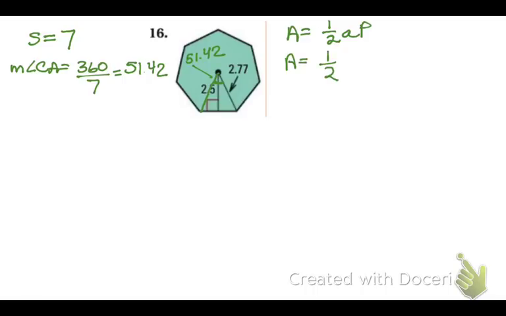Let's write our equation to find area: A equals 1/2 times a times n times s. We have our n, the number of sides, which is equal to 7.